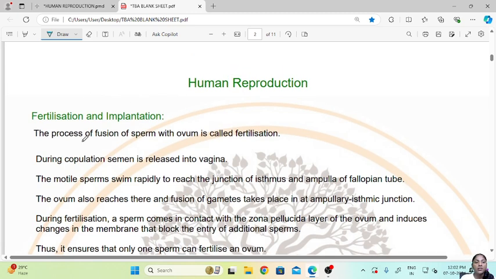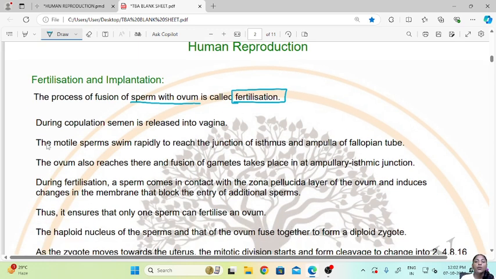Fertilization and implantation. The process of fusion of sperm with the ovum is called fertilization. Now what happens during this process? During copulation, semen is released into the vagina and the motile sperms swim rapidly to reach the junction of the isthmus and ampulla.